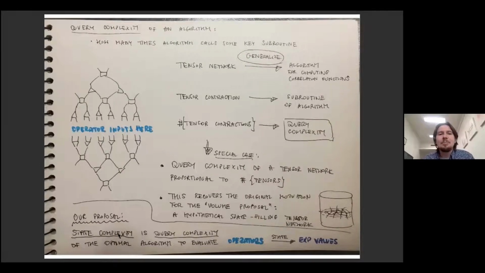In the next couple of minutes, we will construct this algorithm, and then we will ask, now that we have an algorithm, what kind of subroutine is a key subroutine for its execution? We'll identify such a subroutine, and then we'll count them to identify query complexity. And that's what we'll do.